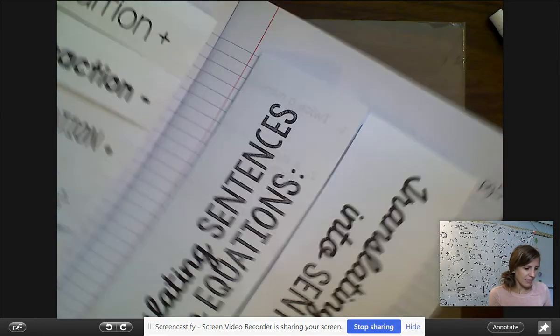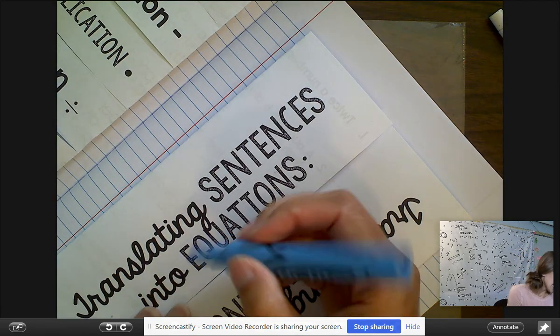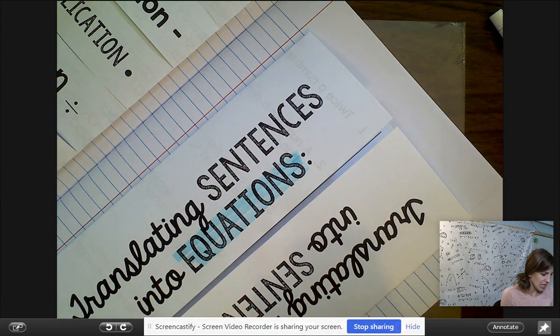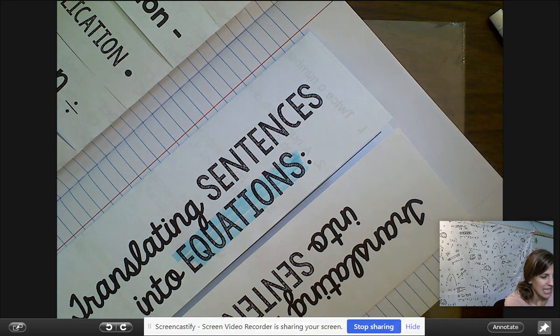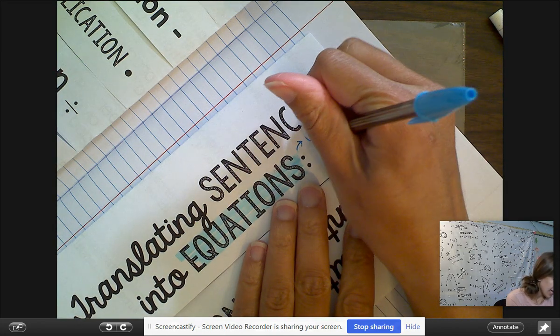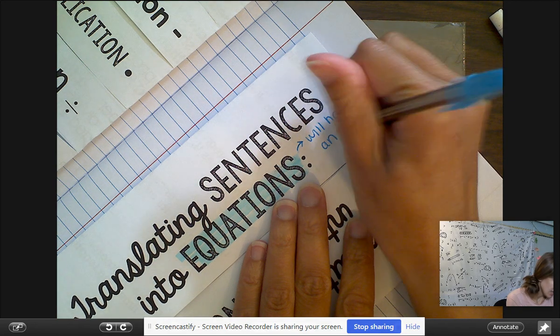Versus over here we have the word equations. So we're translating sentences into equations or equations into sentences. And when I have an equation, that means that I have an equal sign. So we'll have an equal sign.